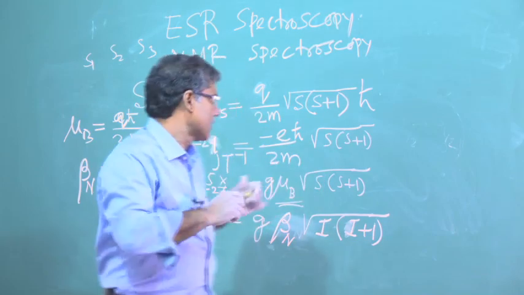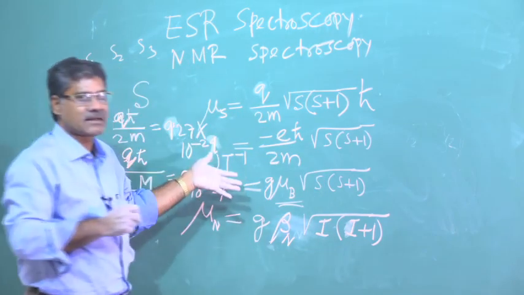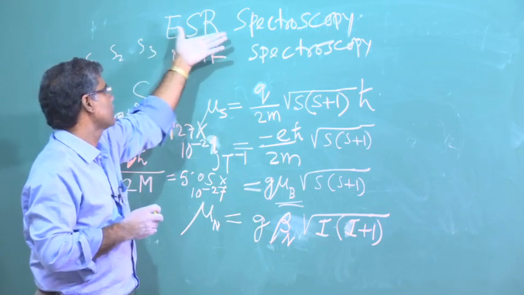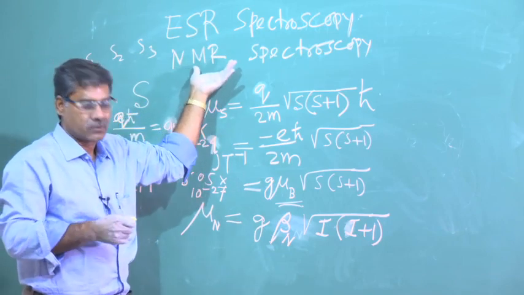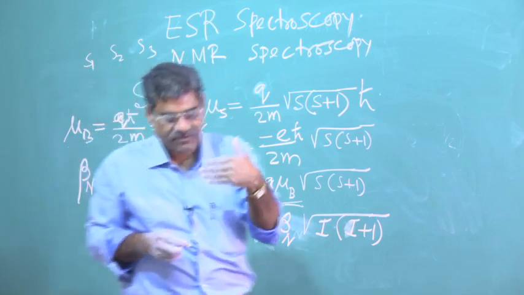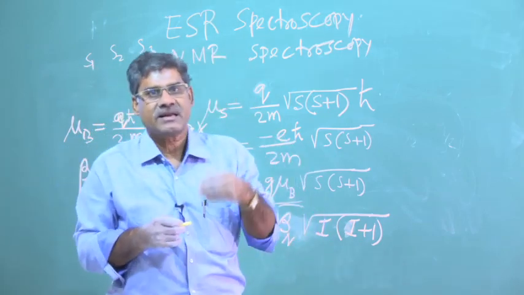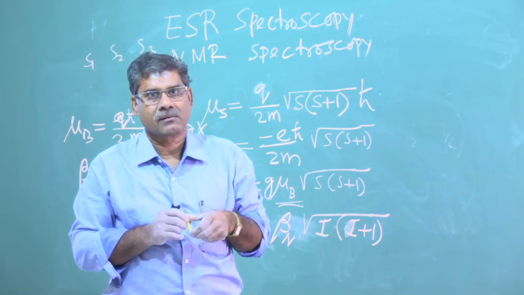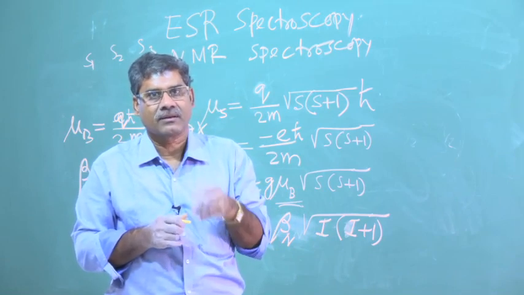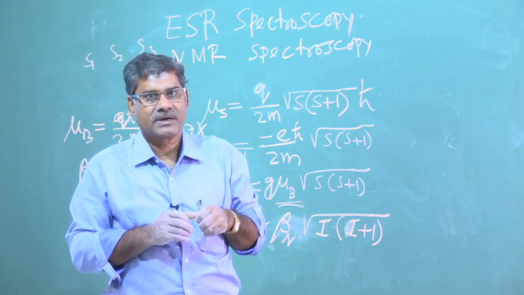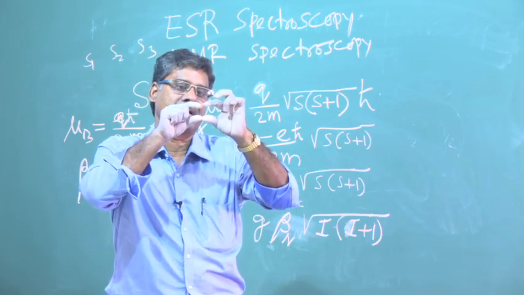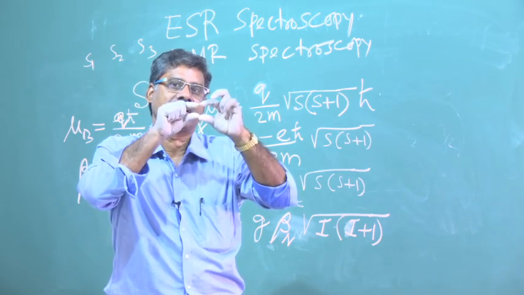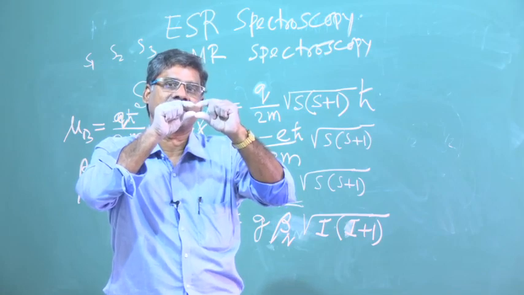That is the reason why these two spectroscopies are very popular for seeing such tiny effects on the spectral lines. Here one can directly find out the separation.